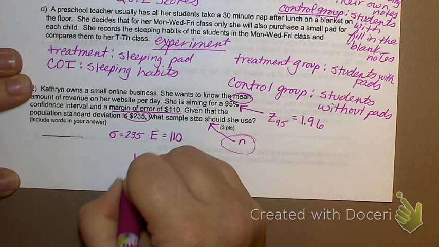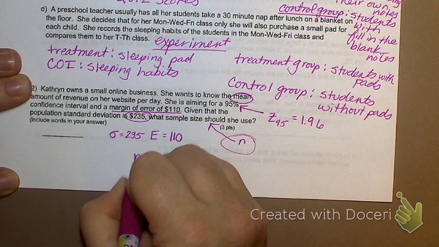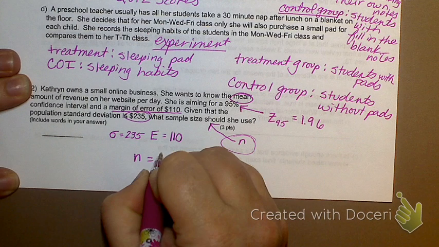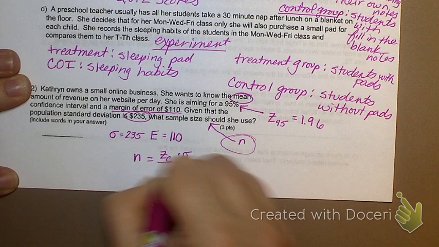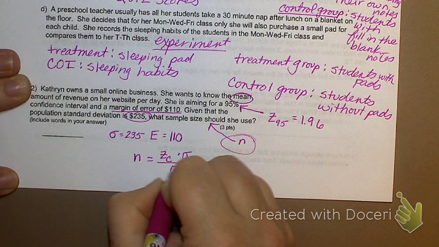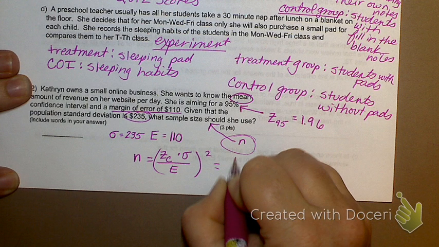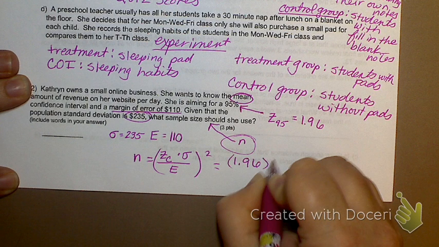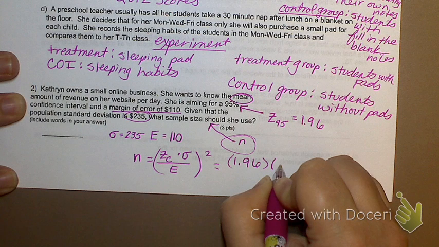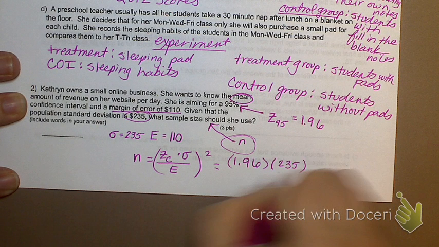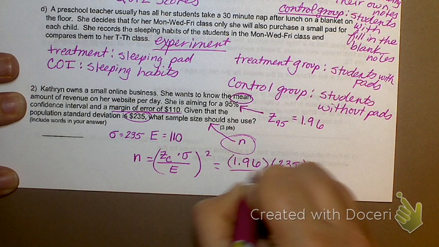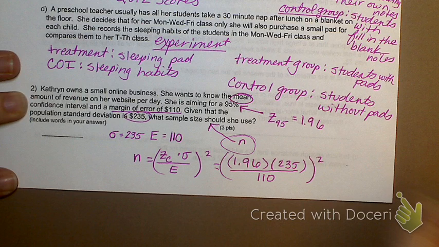That was n equals z sub c times the standard deviation all over the margin of error, squared. So if I plug in my information, that's going to be 1.96 times, my standard deviation is 235, divided by my margin of error, and all of that squared.